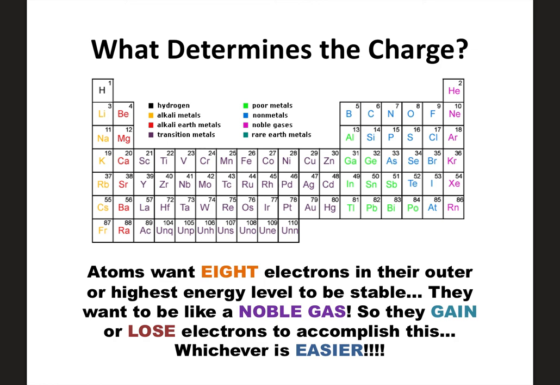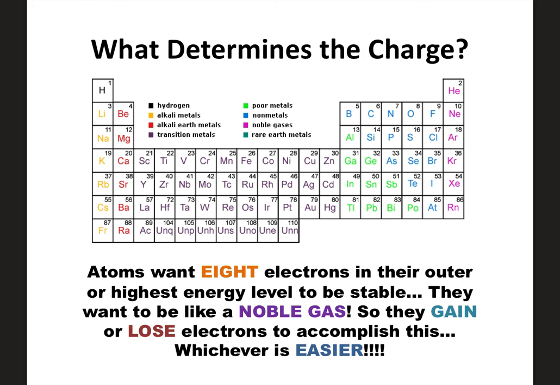So think about this. If you have something like magnesium here, an element like magnesium, magnesium wants to have 8 outer electrons. Magnesium wants to be like a noble gas. So magnesium here could lose 2 electrons and be like neon, or think about it, if magnesium has 12 electrons, lose 2, magnesium would look like neon in terms of its electron configuration for its valence electrons, or magnesium could gain 6 and be like argon.